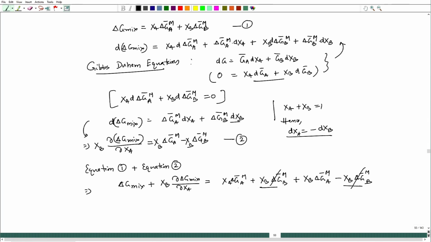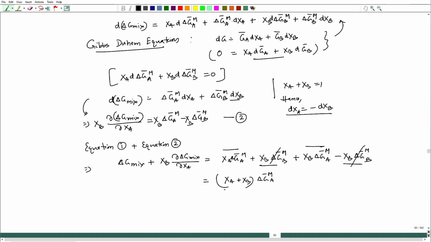Now you are left with this quantity and this quantity, so I can write x A plus x B times delta G bar M A. Hence this is nothing but 1.